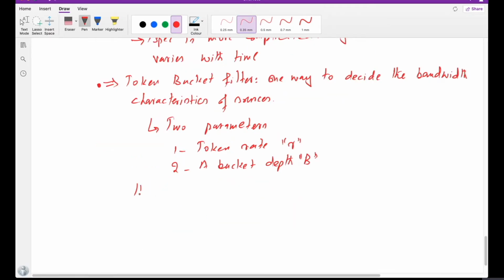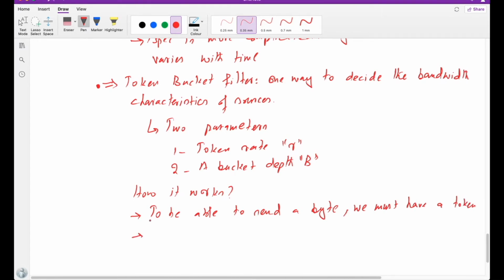So the question is how this token bucket filter works and identifies the characteristics of network sources. To be able to send a byte, we must have a token.